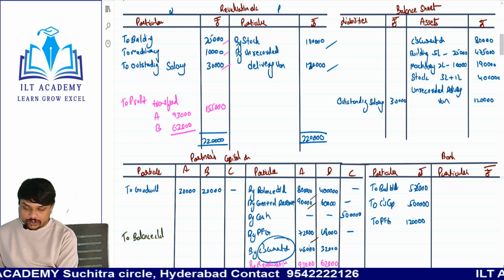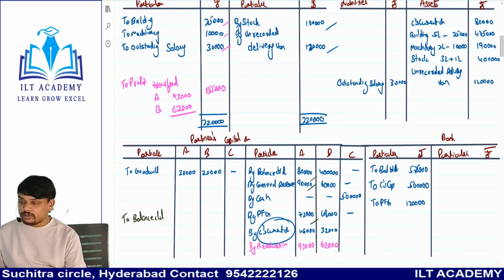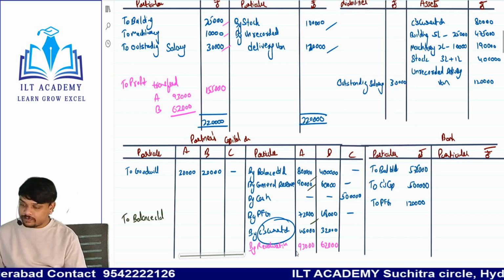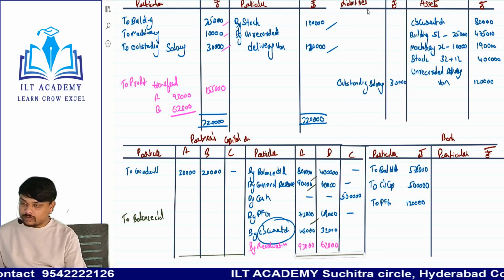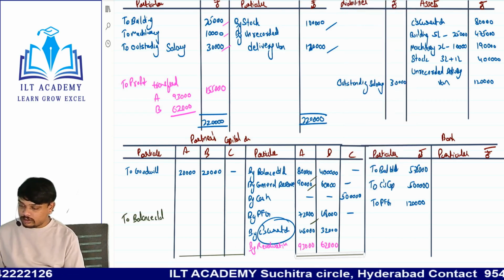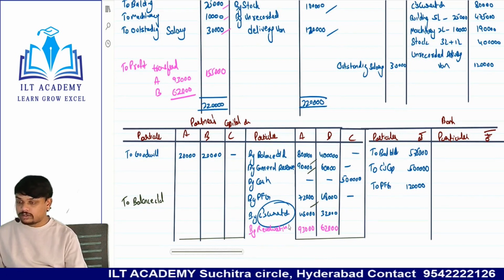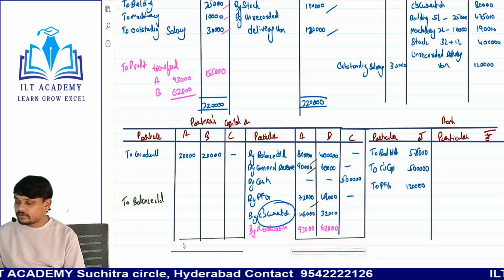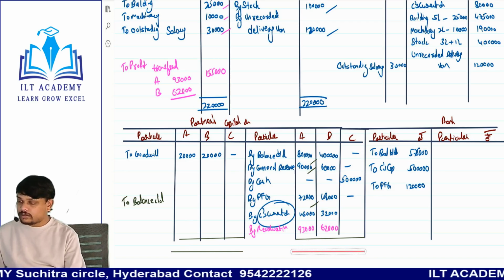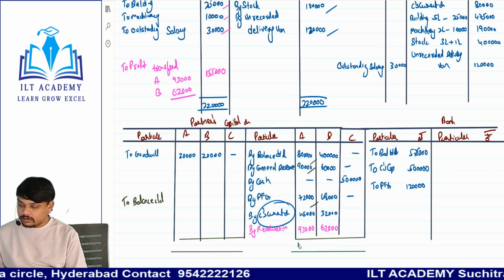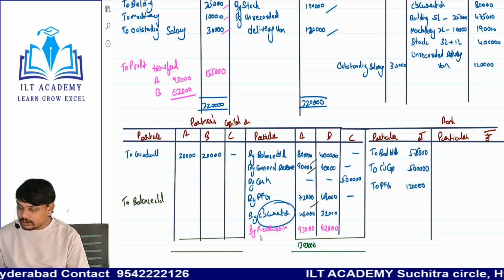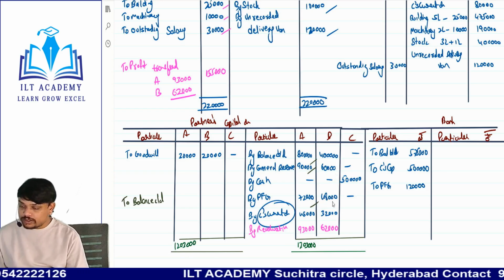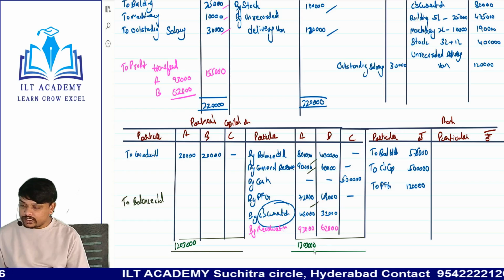Let us do the total of these sides. Here 460, 508, 510, 540.